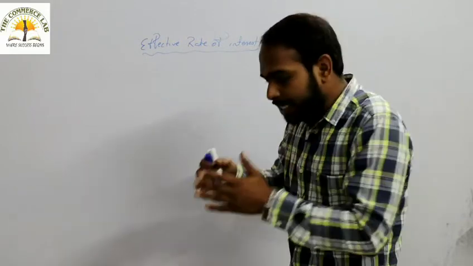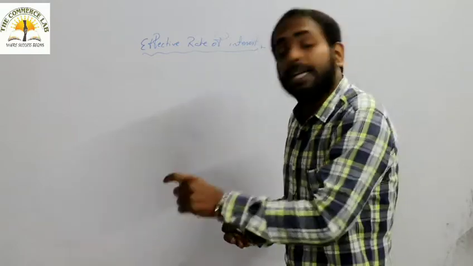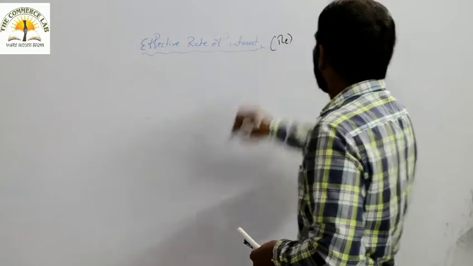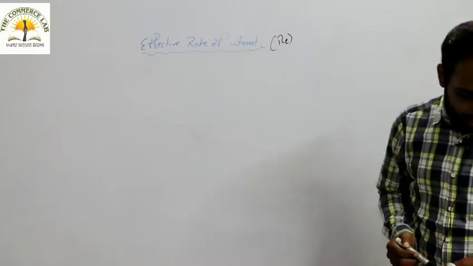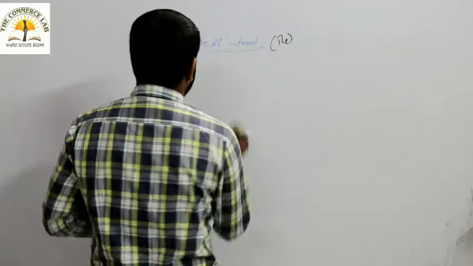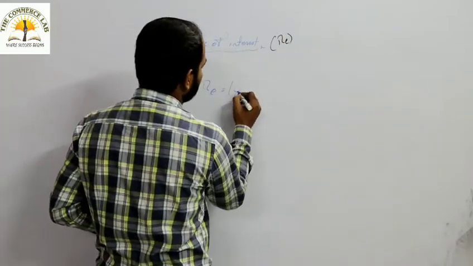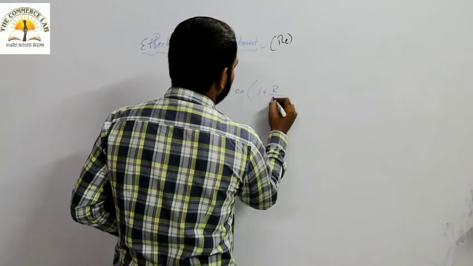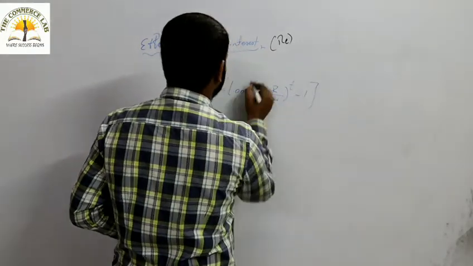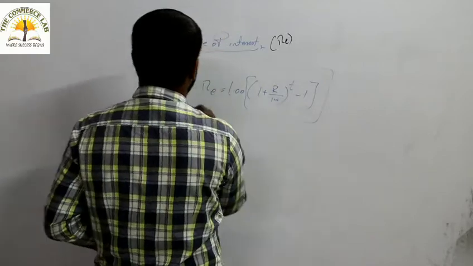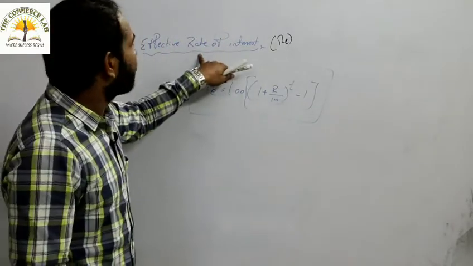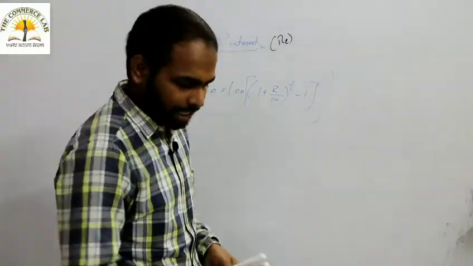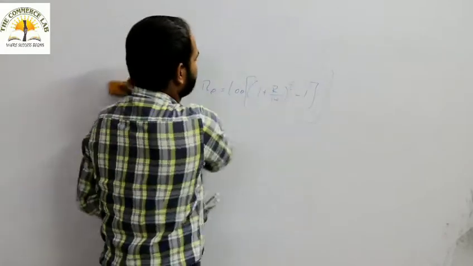That interest is known as the effective rate of interest, and it is denoted as R of E. R of E is equal to 100 into 1 plus R by 100 to the power T minus 1, where R of E is the effective rate of interest, R is your rate of interest, and T is your time period. Then come for one example regarding effective rate of interest.